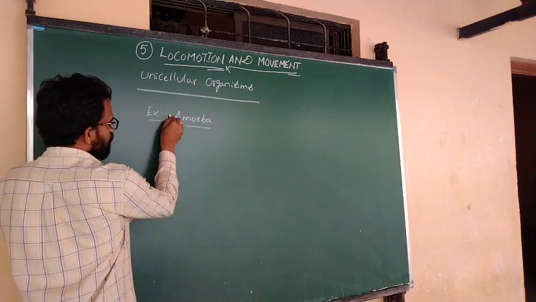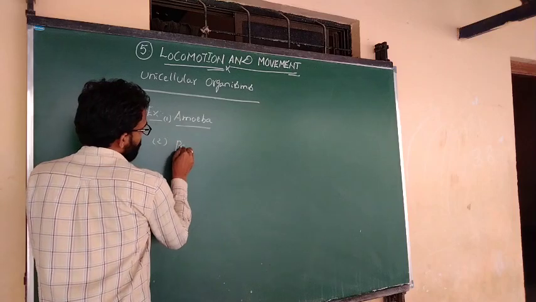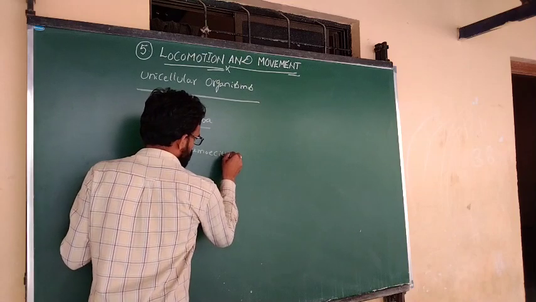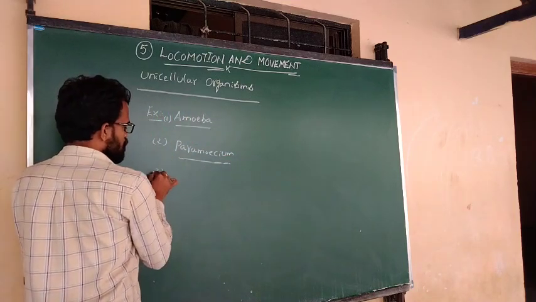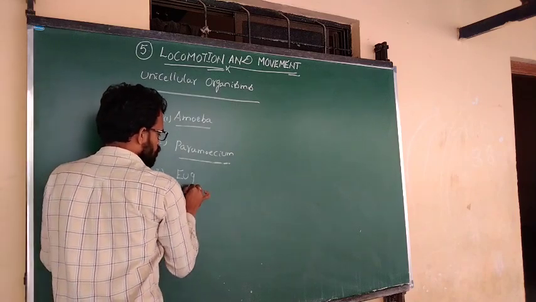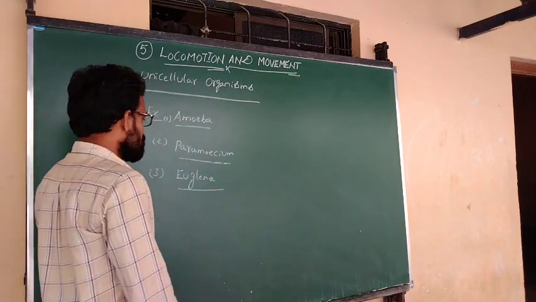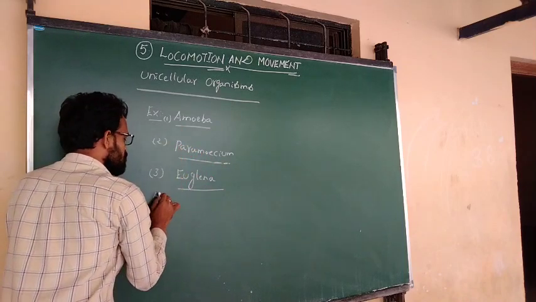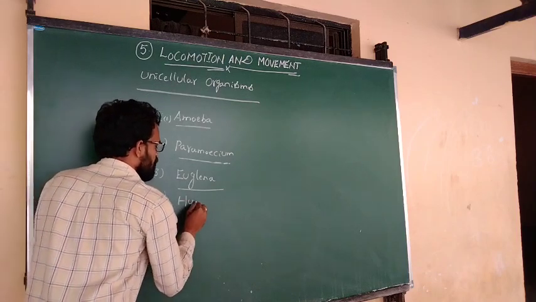The second important unicellular organism is Paramecium. The third is Euglena. The next important organism, Hydra.